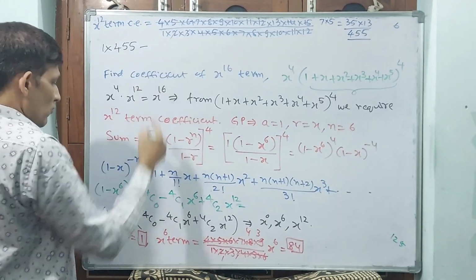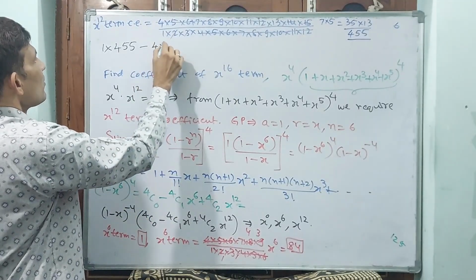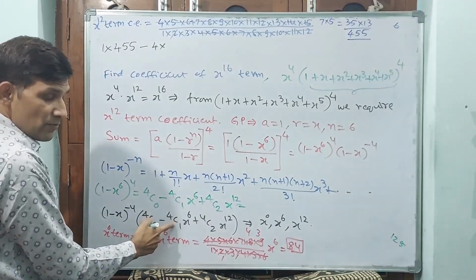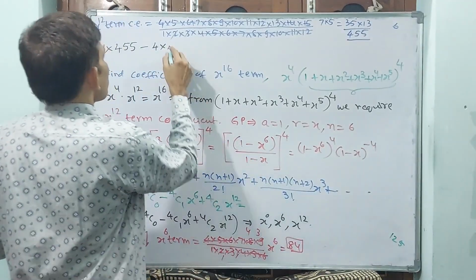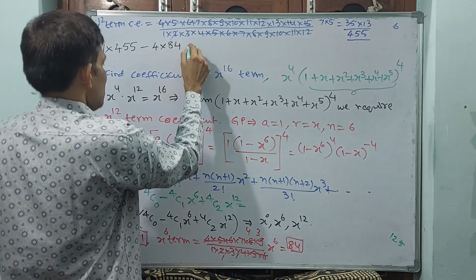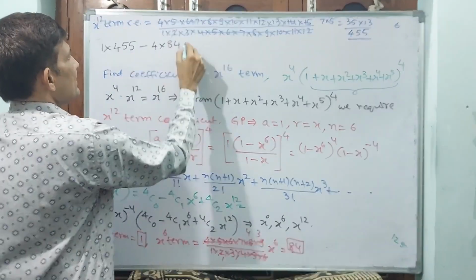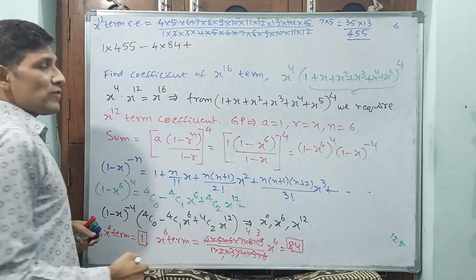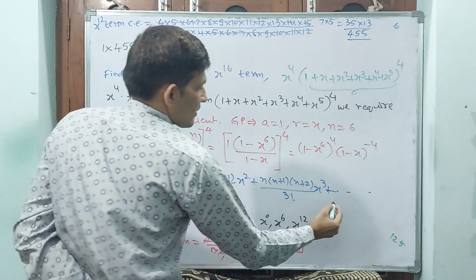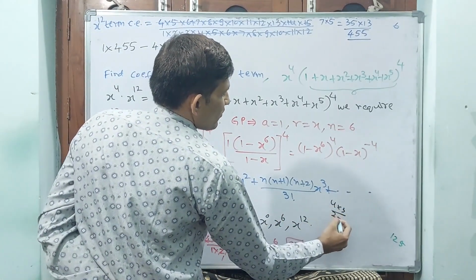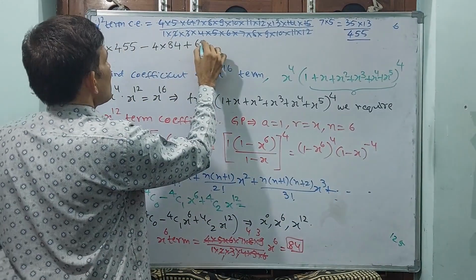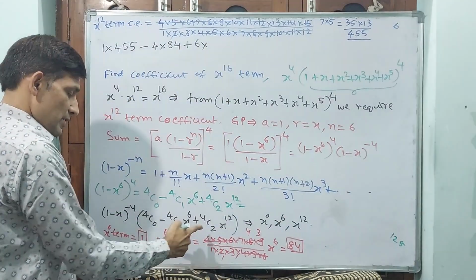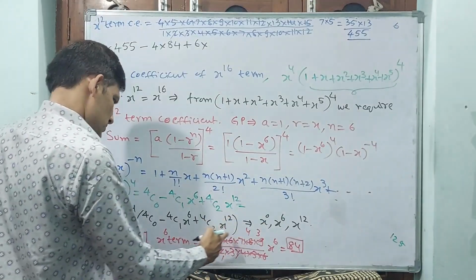Here minus 4C1, value is 4. 4 into this coefficient, the x to the power of 6 coefficient, 84. Okay. Again, see plus 4C2. 4C2 value is how much? 4 into 3 by 2, 6. 6 into x to the power of 12.